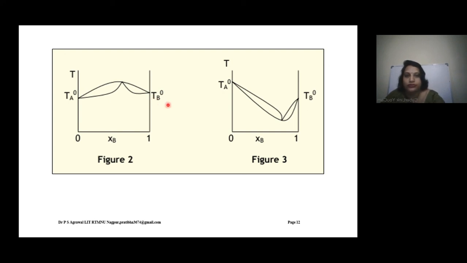Now we can conclude that in an ideal solution, all the solutions obey Raoult's law. When the solution is showing positive deviation and negative deviation, they do not obey Raoult's law. Delta H is 0 for ideal, and delta H is greater than 0 for positive deviation: the process is endothermic, heat is absorbed.